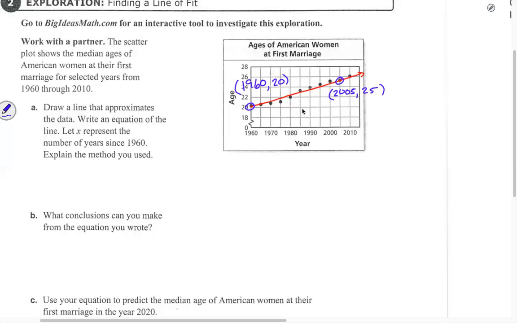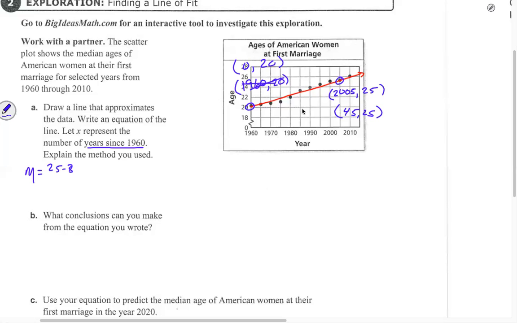Now, notice it says number of years since 1960. So this is really like the point 0 and 20. And this is really like the point 45 and 25. So to find the slope, I'm going to go ahead and do 25 minus 20.